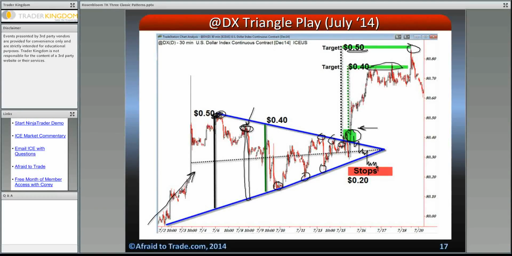You can also do what's called a bracket order. And a bracket order, if you think that the market could break up, could break down, not really sure, but you want to take part if it's a really, really long consolidation. The Japanese yen just recently, maybe a month ago, did a really lengthy triangle we were talking about, and sure enough, it broke and trended for quite some time.